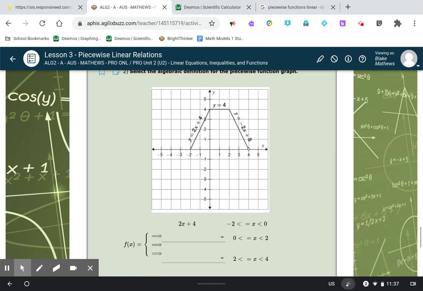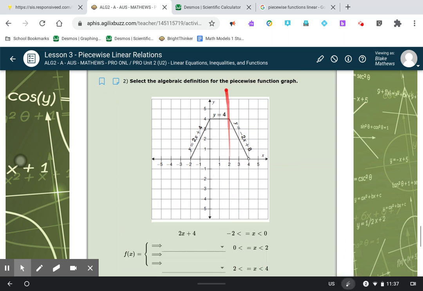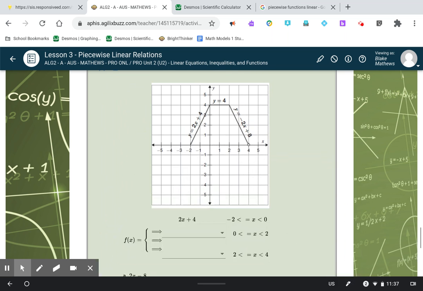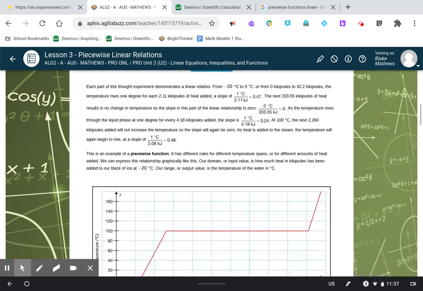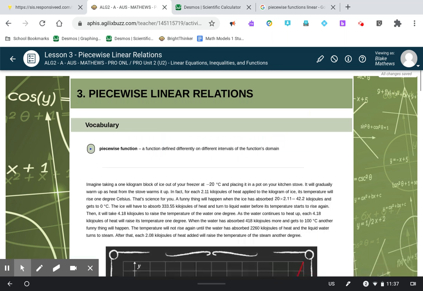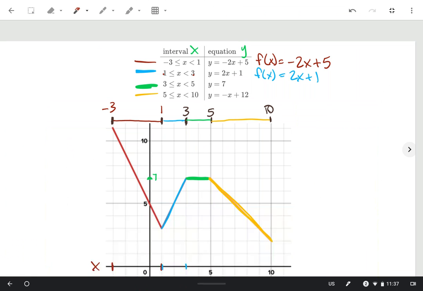And then again, from 2 to 4, what is the equation of the graph? You're just filling in the correct equation from the list below to match the different sections. And then you have a couple of vocabulary questions down at the bottom. So that's really it, and again, it's a very brief overview. So really just get that concept down of understanding the difference between the interval and the equation of a piecewise function.